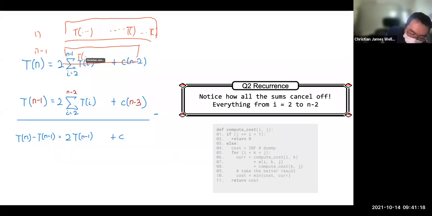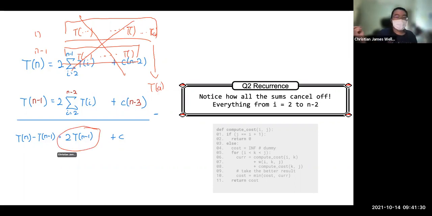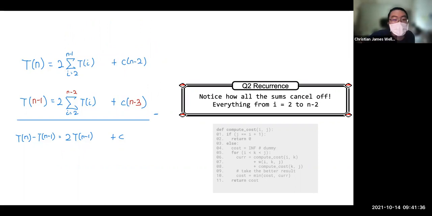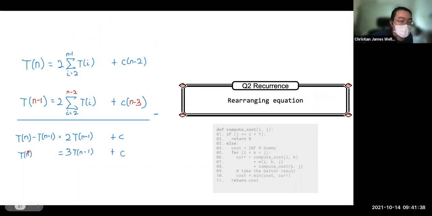So by subtracting, you delete this part and only keep this T, let's call it Ta. It's a hack if you have a summation of sub-problems. Then you rearrange, and you get Tn equals 3Tn minus 1 plus C. This is much more manageable to use a recursion tree on rather than the thing over here, isn't it?